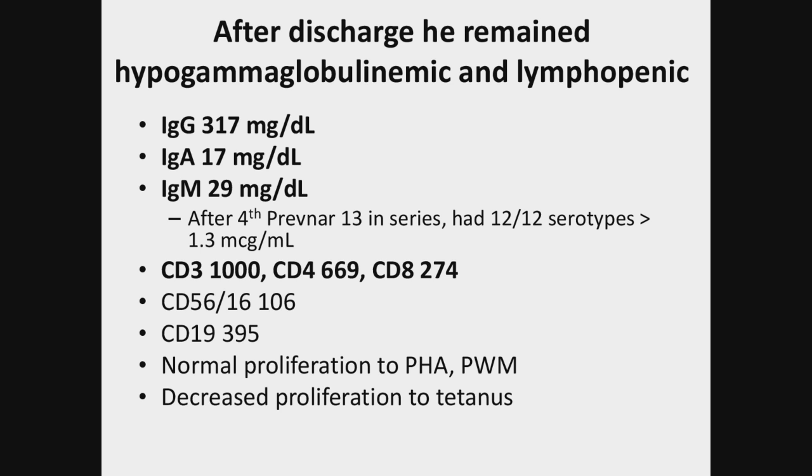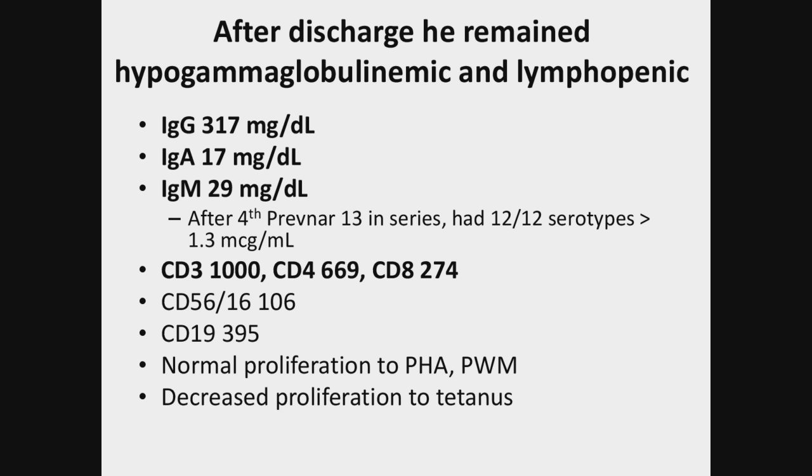We saw him for follow-up in our combined immunology infectious disease clinic and got some repeat immune labs. And he had worsening hypogammaglobulinemia. You can see that his IgG is less than it was a month ago. And lymphopenia was improving, but still not normal.